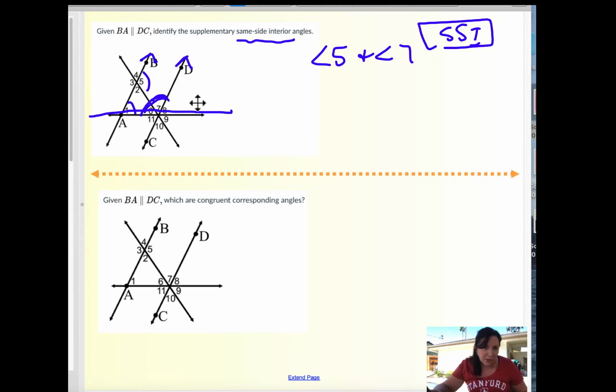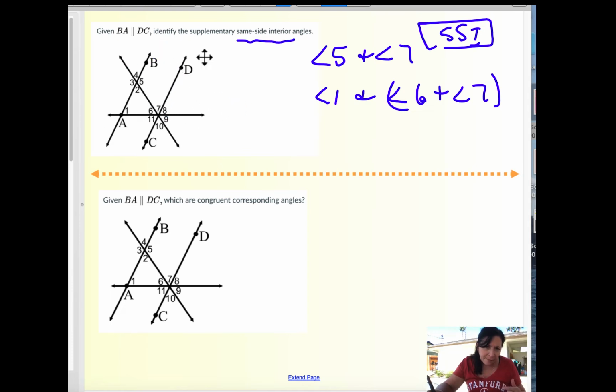So I've got angle 1 and angle 6 and angle 7, which add up to be a same side interior.